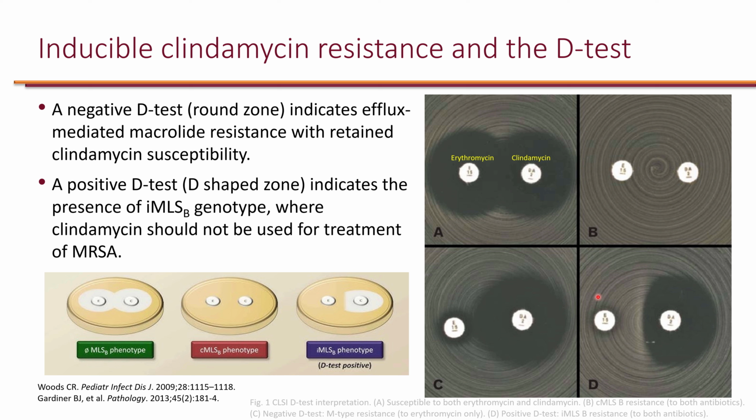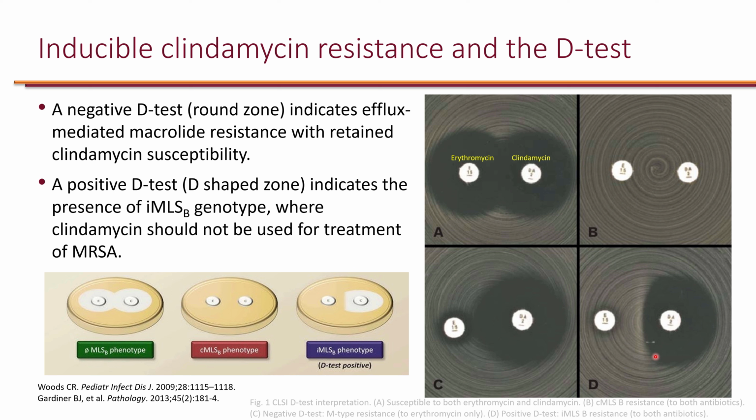The D-test is that if the same test shows you a D-shape instead of a complete circle, it essentially means that, because this is resistant to erythromycin, and erythromycin is diffusing through this plate, the area that's close to erythromycin, because there is some erythromycin in this area over here, has essentially induced resistance to clindamycin.